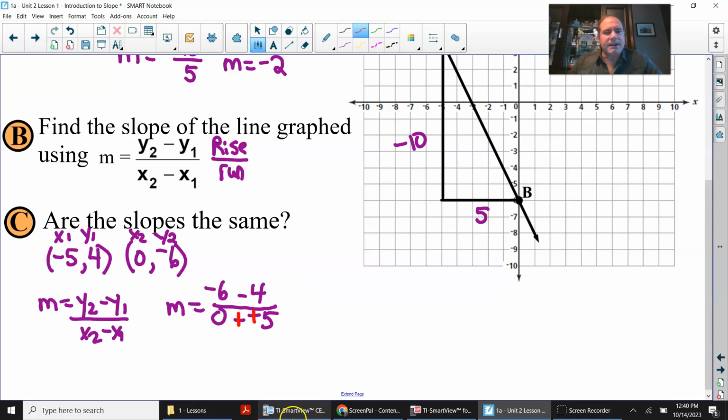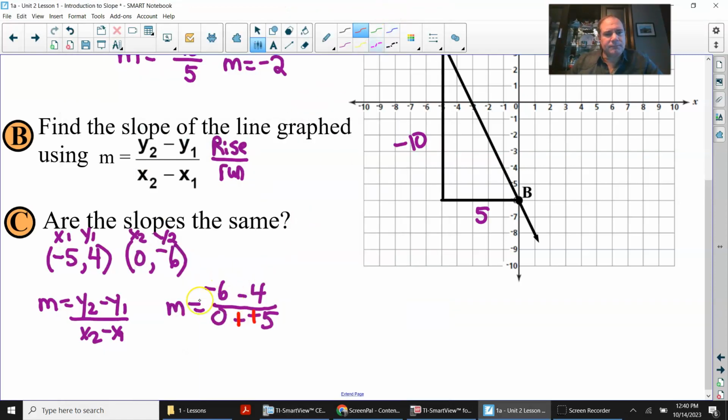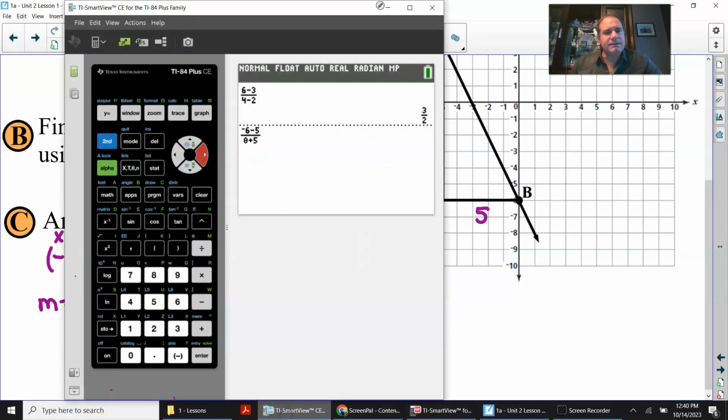So I'm going to grab my calculator and go to alpha x, and I'm going to do negative 6 minus 5. And then on the bottom, I'm going to do 0 plus 5. And that's exactly what this says, negative 6 minus 4, and then 0 plus 5. So I'm going to do that again because I have the wrong thing.